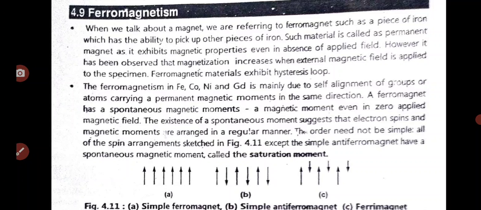In a simple ferromagnetic material, the vectors are in the up state and parallel to each other. In a simple antiferromagnetic material, the spin alignments are opposite to each other.